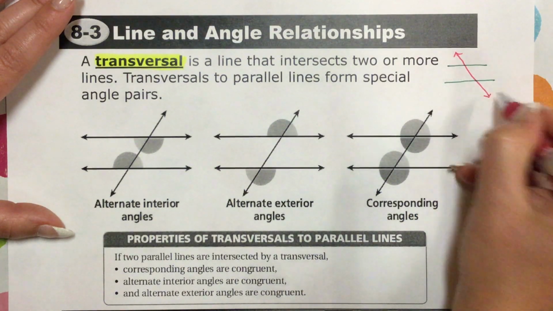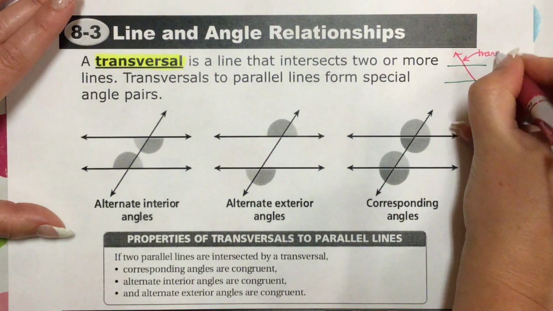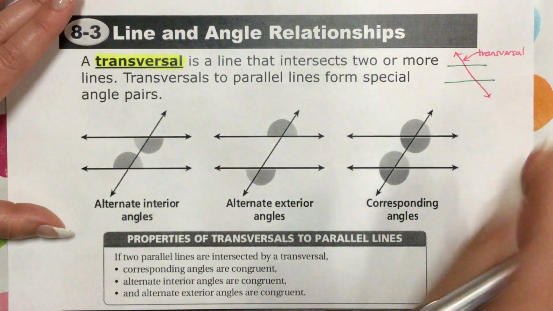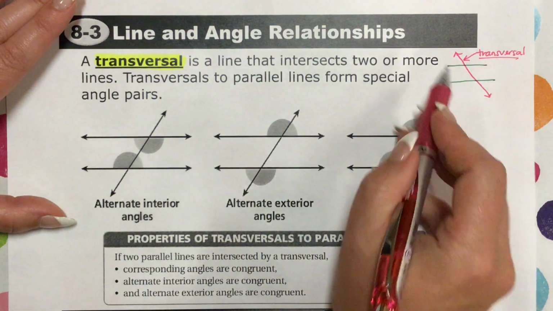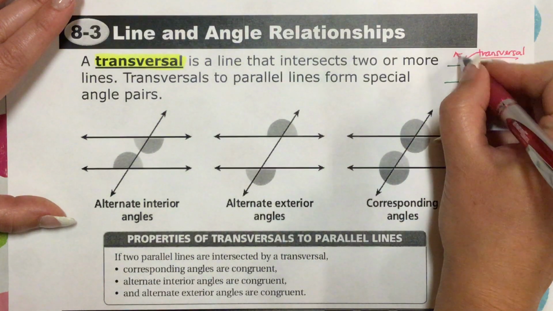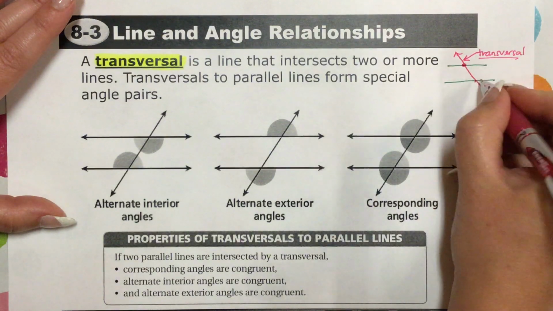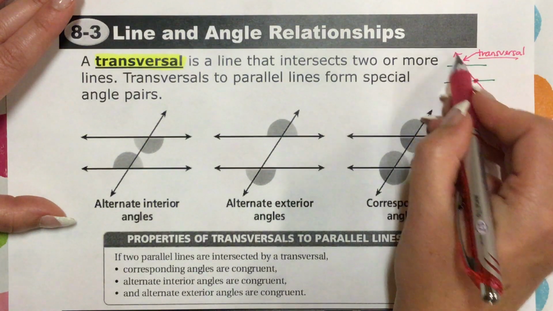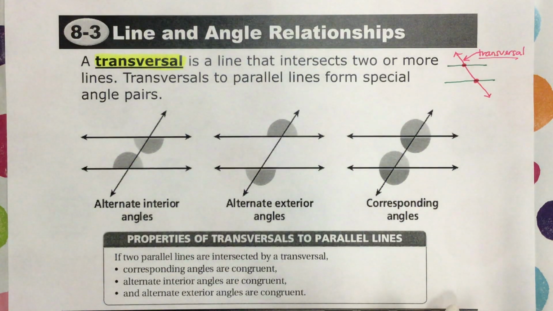I should put little line things on there. That means this pink line is called a transversal. Okay? That is a transversal. It is a line that intersects 2 or more lines. So it intersects this green line here. That's an intersection. And it also intersects this other green line here. It intersects 2 lines, so it's called a transversal.